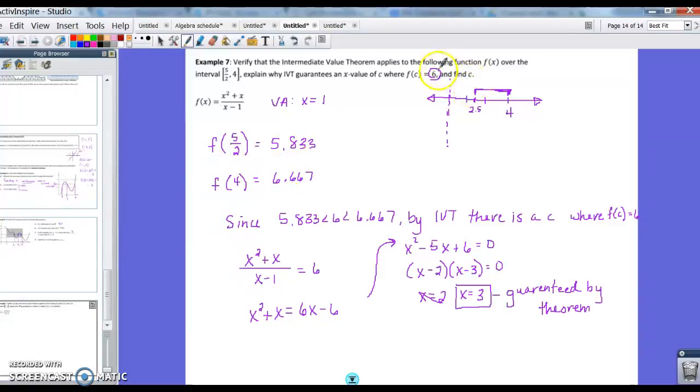Since 6 falls between our two outputs, we've satisfied that condition. That tells us there is definitely going to be a c where f of c equals 6, and then we just had to find that c. So we took our original function, set it equal to 6, and found that x value. And 3 falls between 2.5 and 4, so I know that's the x value I'm talking about. That's the intermediate value theorem.